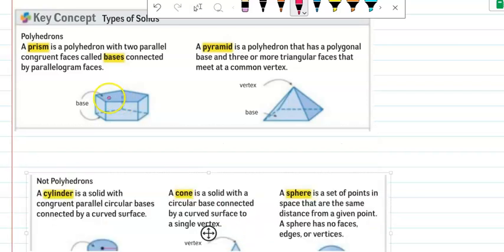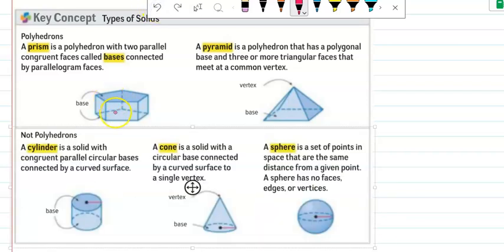So this would be called a pentagonal prism because it has a pentagon base, and we know it's a prism because those two bases are connected by a bunch of rectangles. Pyramids, on the other hand, can have a triangular base, but sometimes they don't.